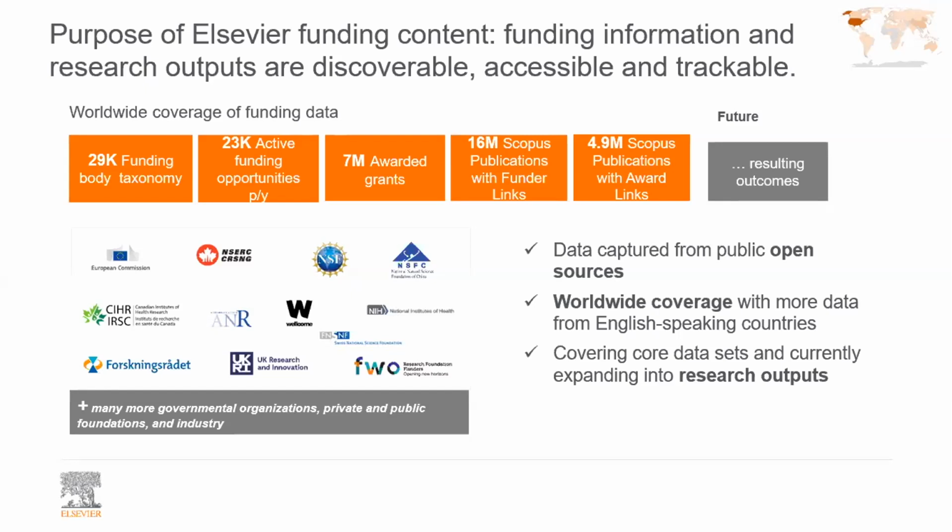We capture data mainly from publicly available sources, so from open sources, but also by working with funders. And when we talk about what type of funding data we cover at Elsevier, there are multiple types of datasets. Let me walk you through all of them. So first of all, it's about the funders. Elsevier creates and maintains a funder taxonomy of about 29,000 funders worldwide. And actually we share this taxonomy with Crossref.